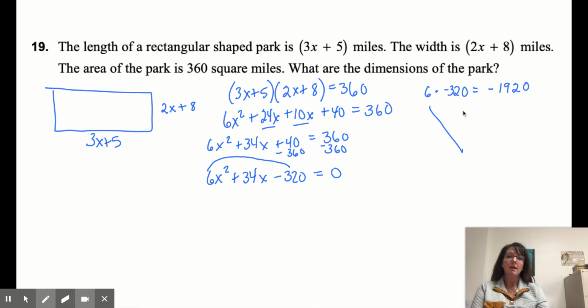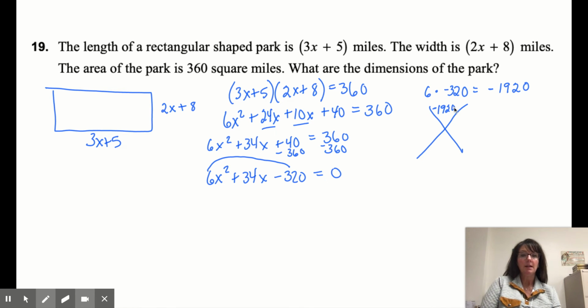So there's a lot of factors of 1,920. In fact, if you take the square root of the absolute value, 1,920, you would have to test 43 numbers, 1 through 43, in order to come up with the right one. So we're going to have to use some common sense.